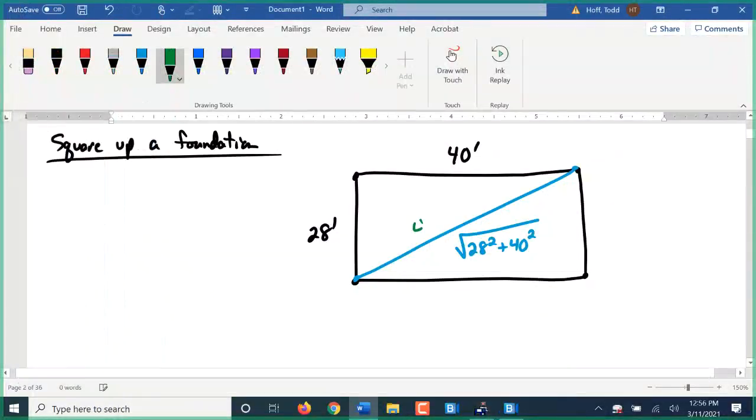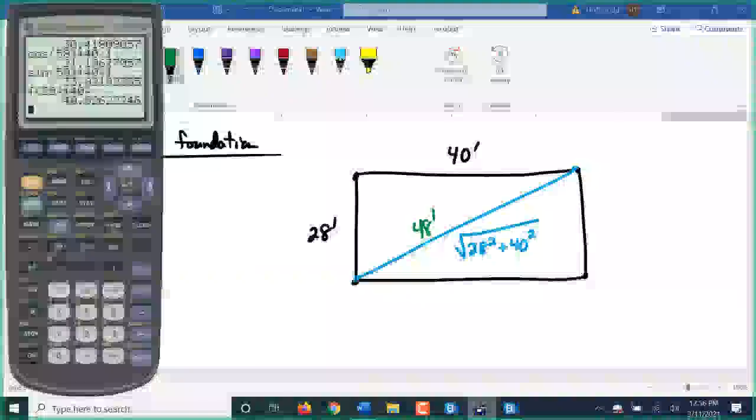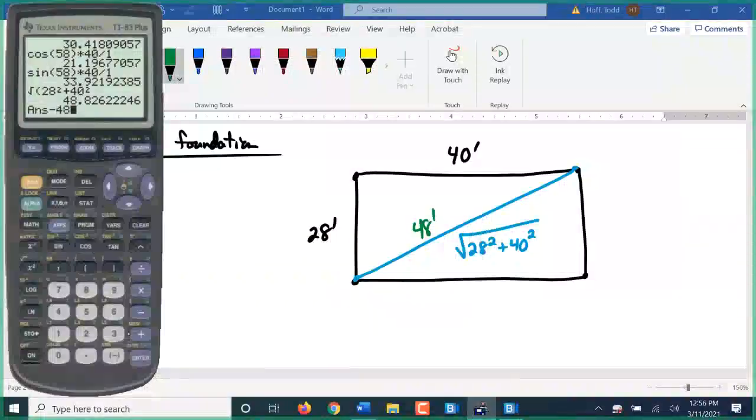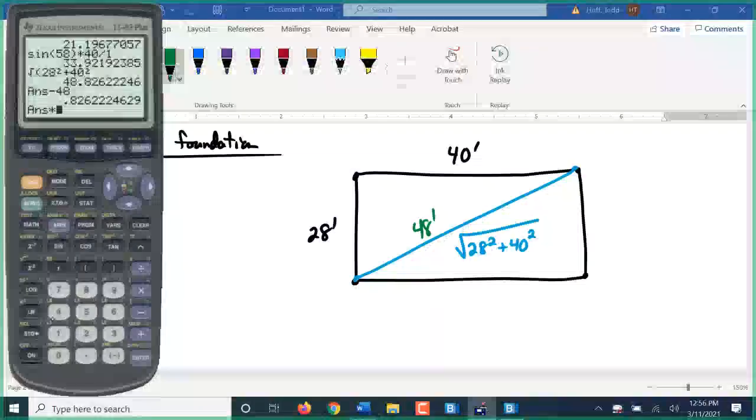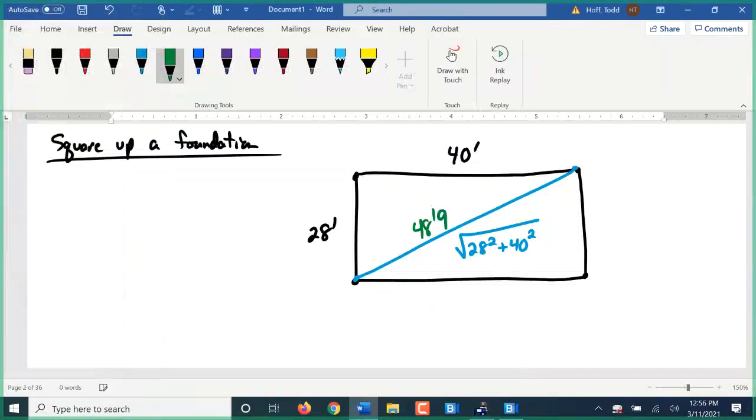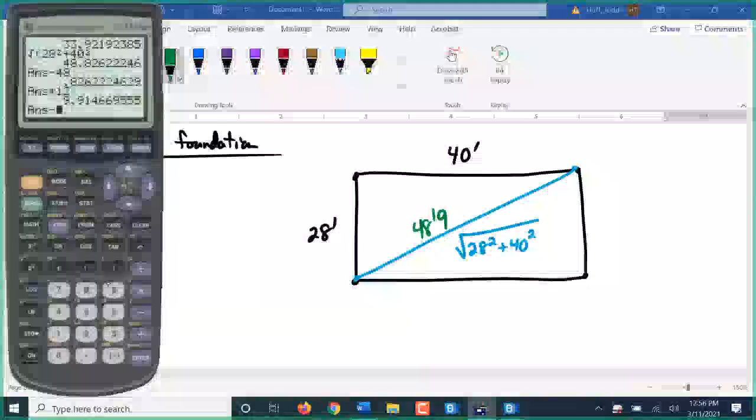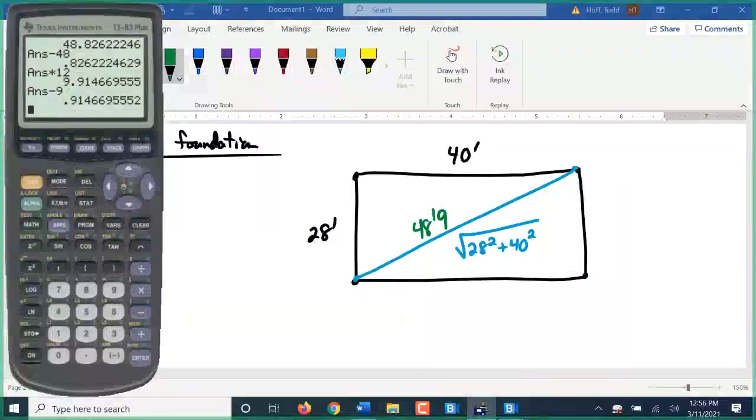That is 48 feet. I'm going to remove the 48 to be left with the decimal feet. I have to turn that back into inches, so I'm going to multiply by 12, giving me 9.91. So that is 9 inches. I subtract the 9 whole inches, being left with the decimal, and I'm going to turn it into sixteenths. Setting up a foundation to the nearest 16th.